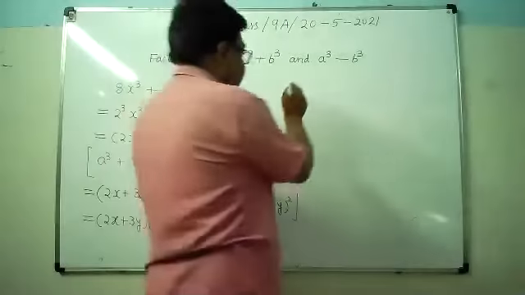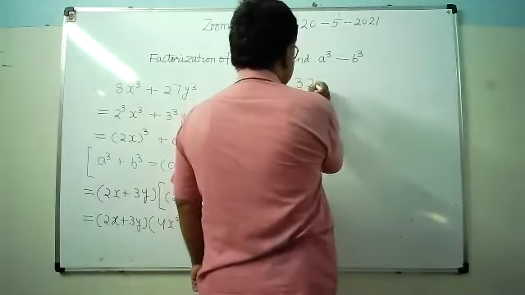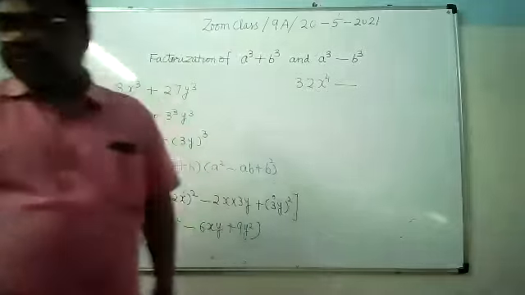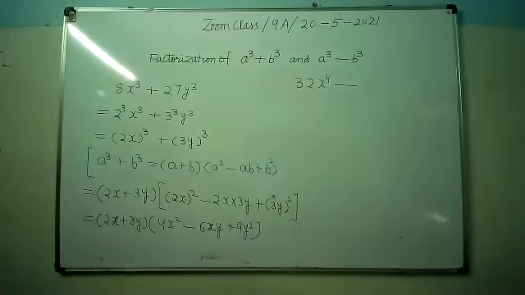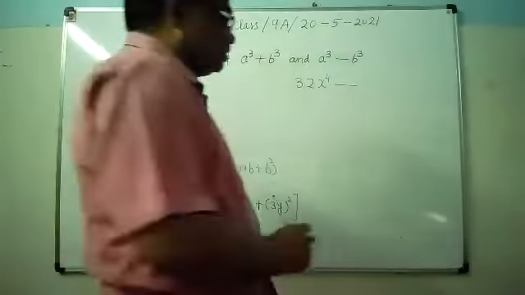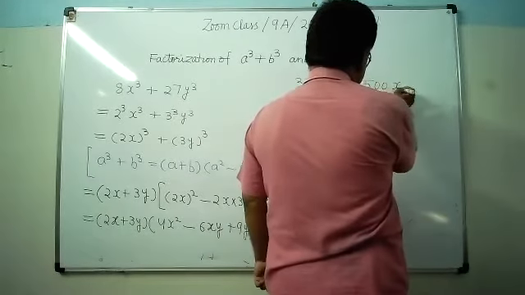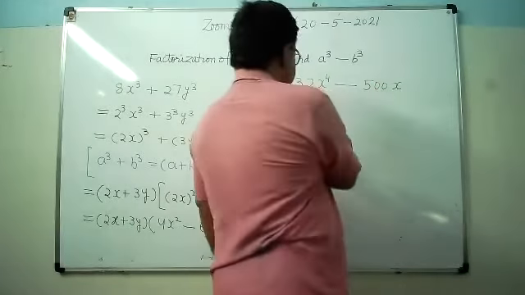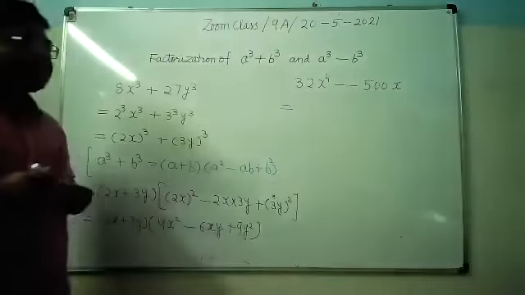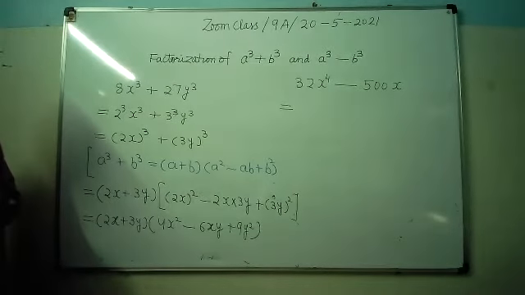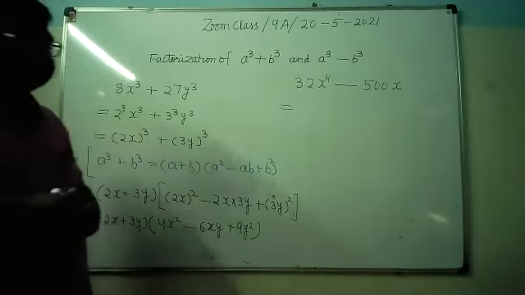Now you can see here, for example, 32x to the power 4 minus 500x. What is common in between both the terms? x is common.